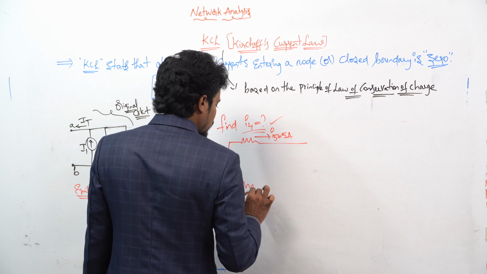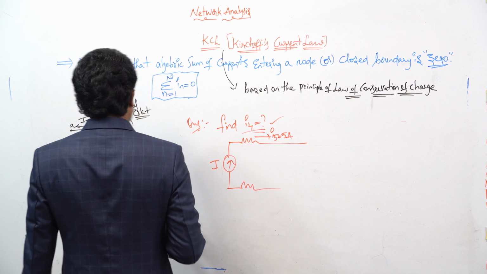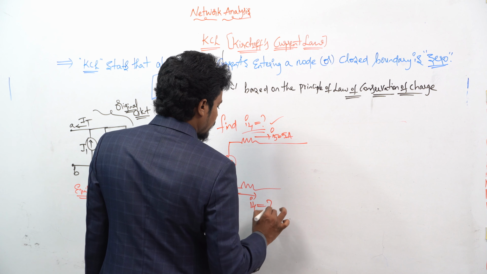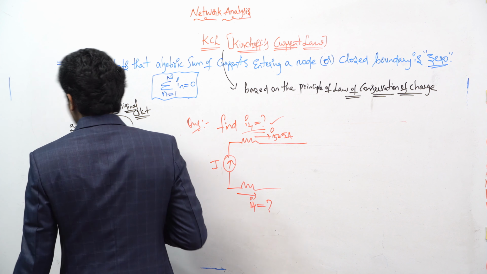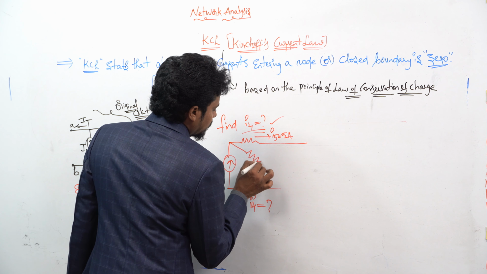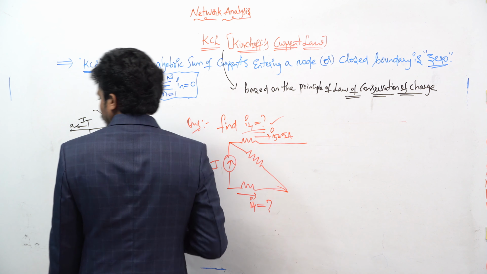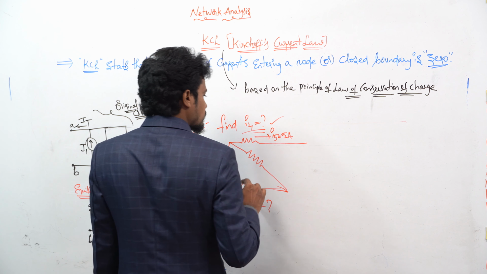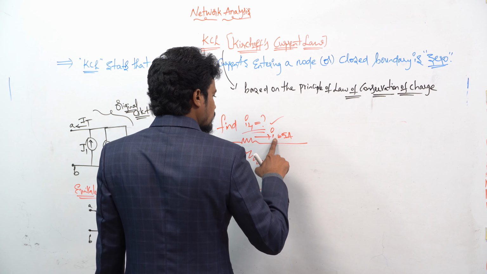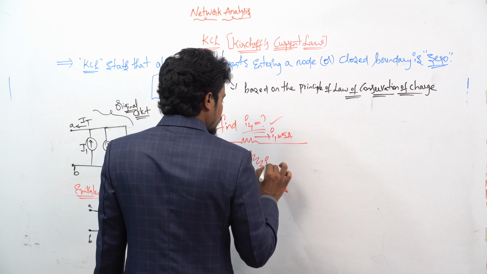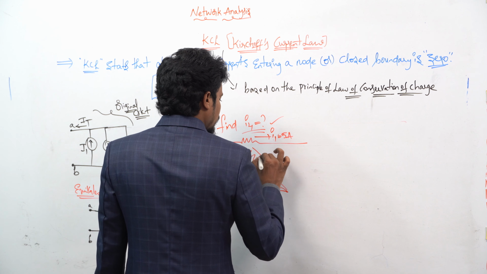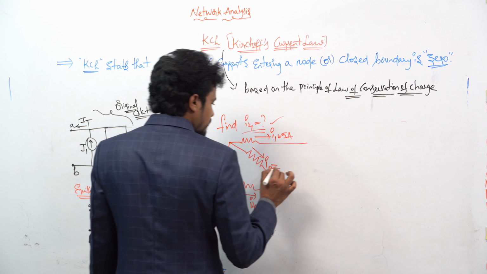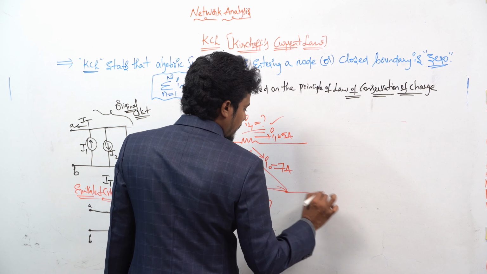And similarly here also a resistor, here your I4. Then I naught, this is your I1, this is your I naught, which is equal to 7 amperes, right? 7 amperes.